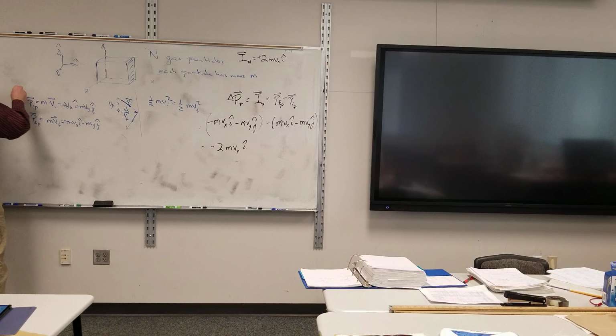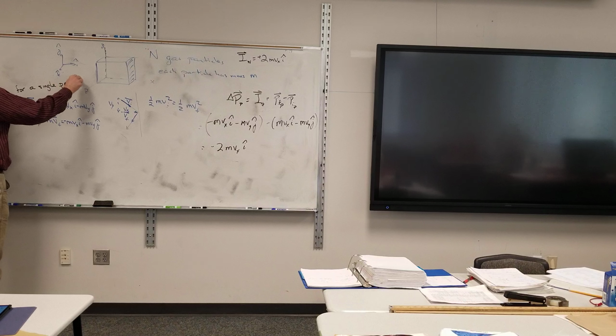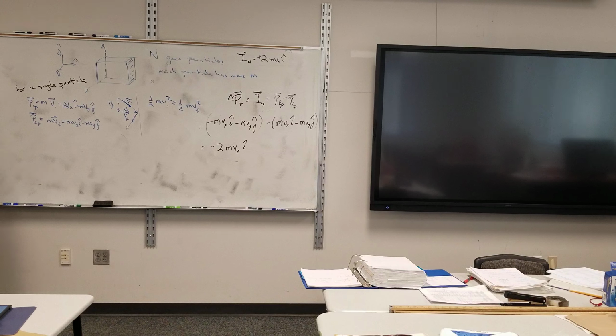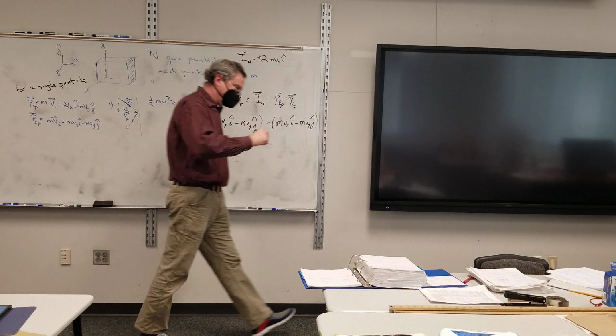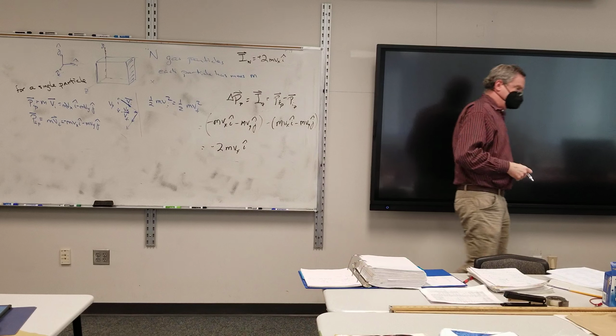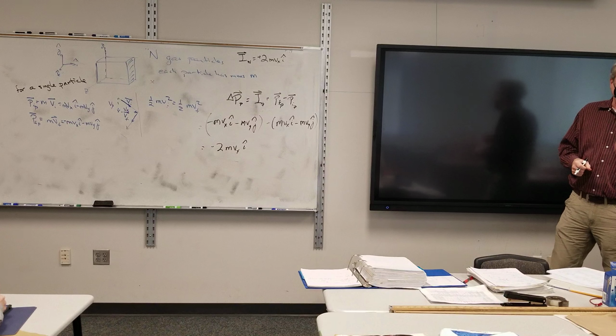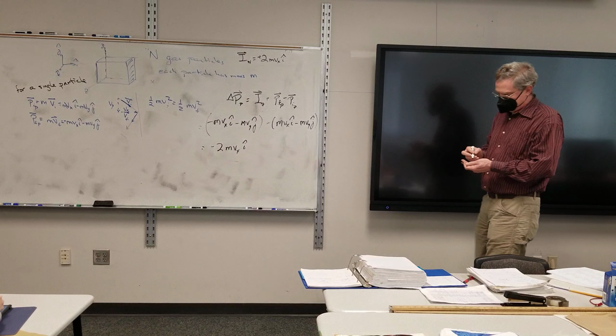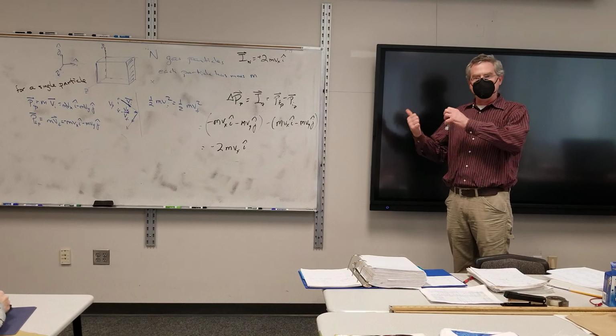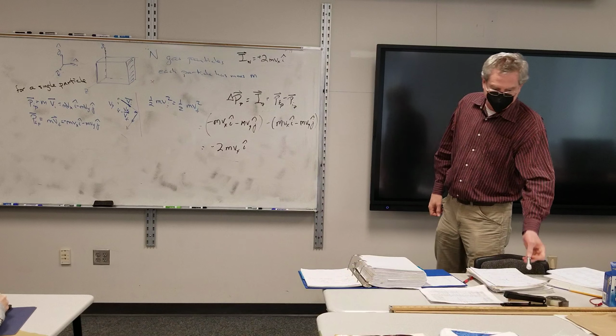So we'll just sort of write that note in the margin over here for a single particle. But obviously, if I've got a box full of gas, then I'm going to have a whole bunch of particles, so we need to adjust for that. Right. So questions on here before we adjust for having multiple particles?